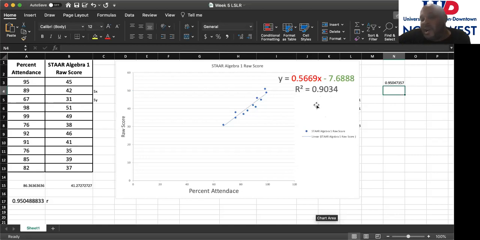R squared is called the coefficient of determination. We're not going to worry a whole lot about what it means right now, but what it tells you is that based on these two variables, 90% of the variation between attendance and score is explained. The other 10% of your score depends on something else that we're not looking at.